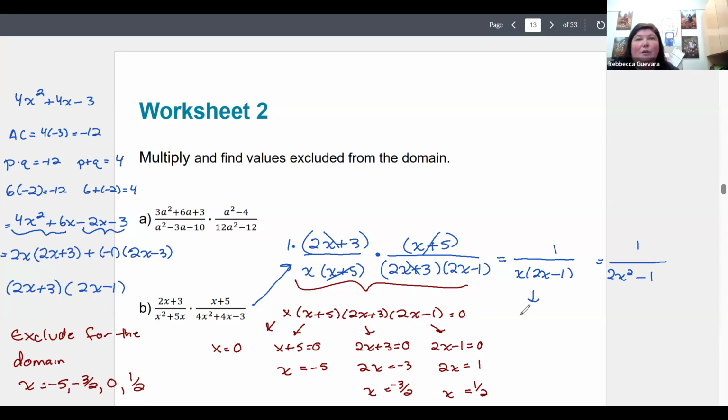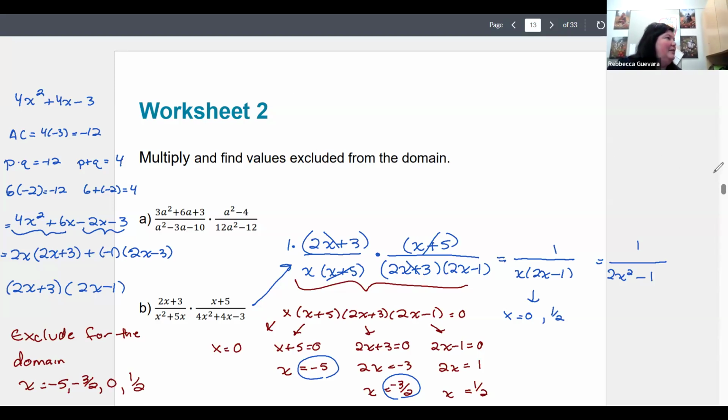That will end up being 1 over 2x squared minus x. So we see here the only things that we can see are the 0 and the 1/2. So these two places that we know have to be excluded from the domain are not here. So we just put on this, x cannot be -5. Make myself just a teeny bit of room here.